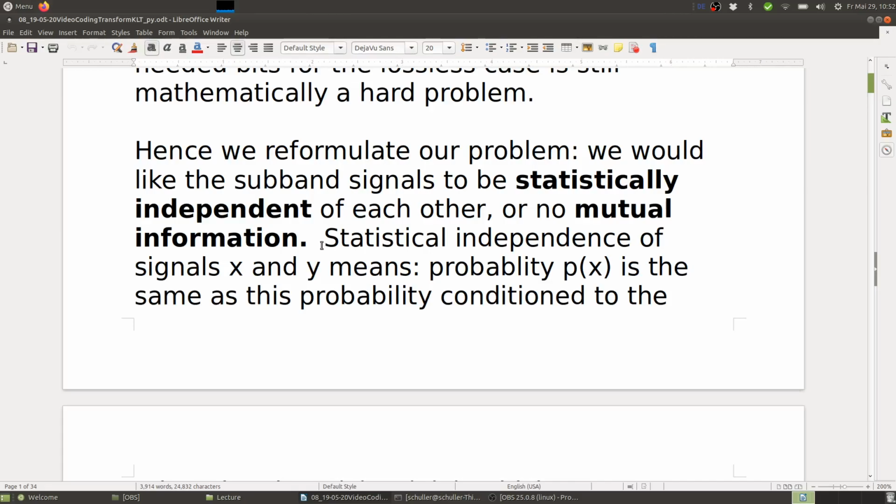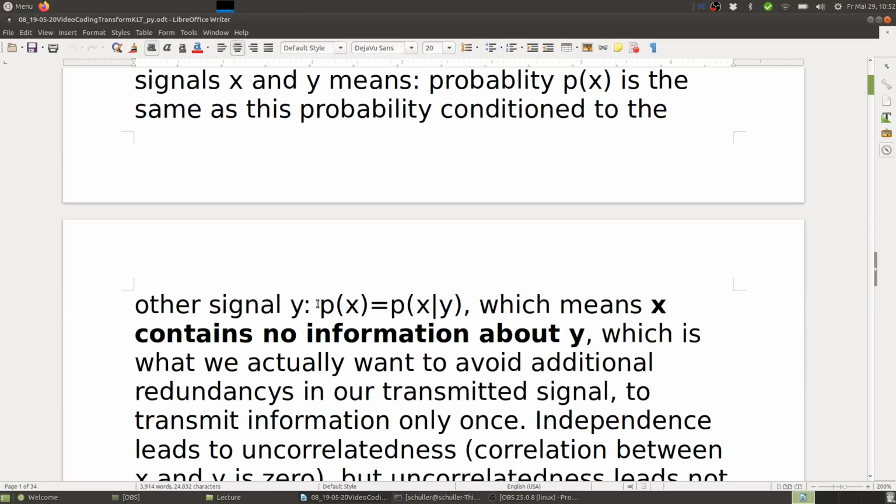Statistical independence of the signals x and y means the following. x is our signal, representing some sample, and p of x is the probability of the sample. We want this probability p of x to be the same as the probability conditioned on the other signal y.